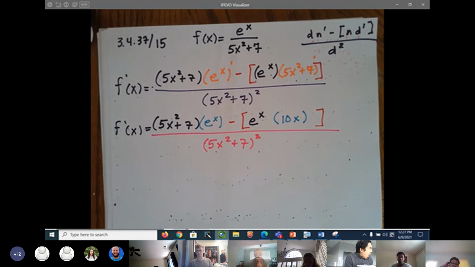Now, could you factor out an e to the x? Yes. You also may be able to take out, no, you can't because of the minus.